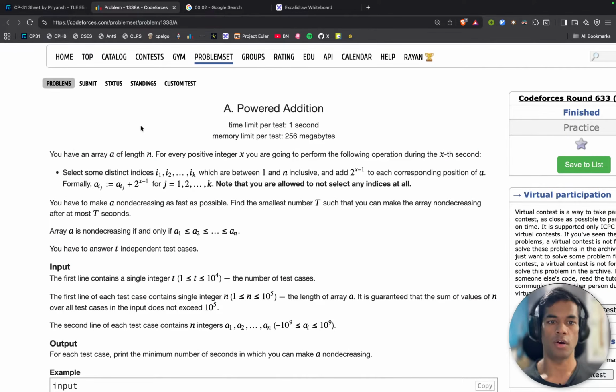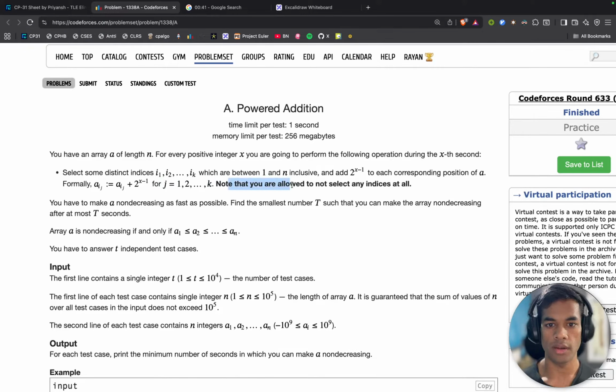You have an array A of length n. For every positive integer x, you are going to perform the following operation during the xth second. For some distinct k indices, between 1 and n inclusive, add 2 to the power x minus 1 to each corresponding position of a, at indices a_ij where j ranges from 1 to k.